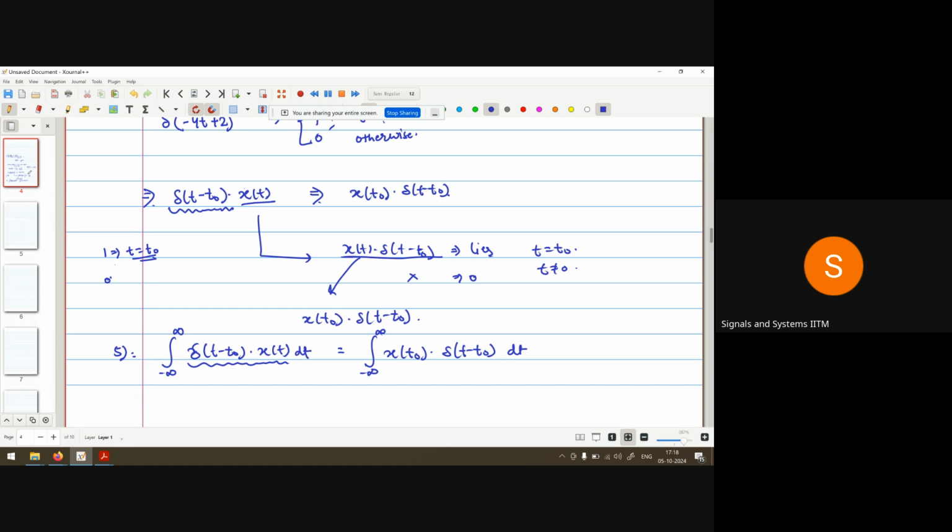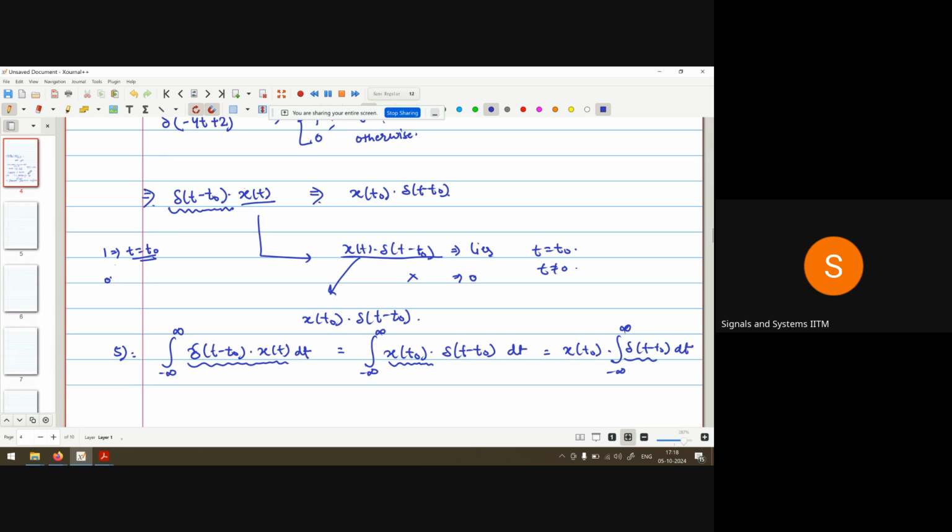Now here t does not exist, only t naught exists and t naught is a constant value. So can I take it common? Yes. So x t naught times the integration from minus infinity to infinity of del of t minus t naught dt.